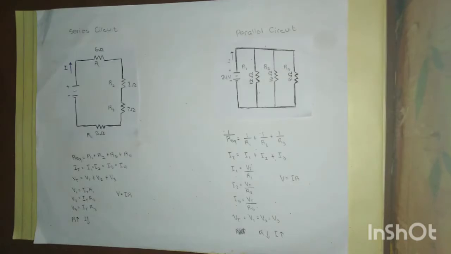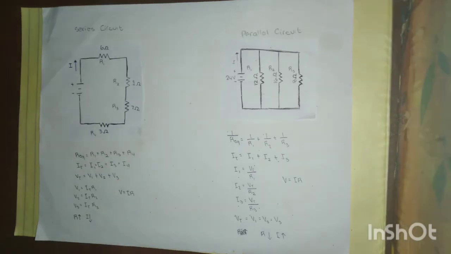In a parallel circuit, the total voltage is equal to the voltage through each resistor. So the total voltage is equal to the voltage of resistor 1, which is equal to the voltage of resistor 2 and so on.